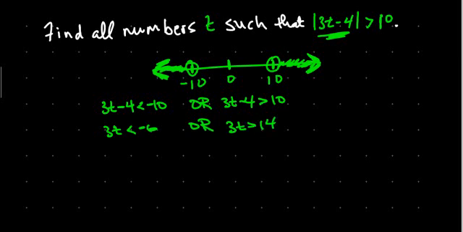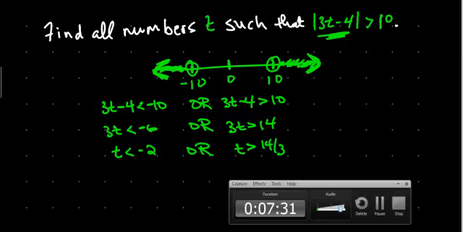So divide by 3 and we get t is less than -2, or t is bigger than 14/3. Let me pause for a second.